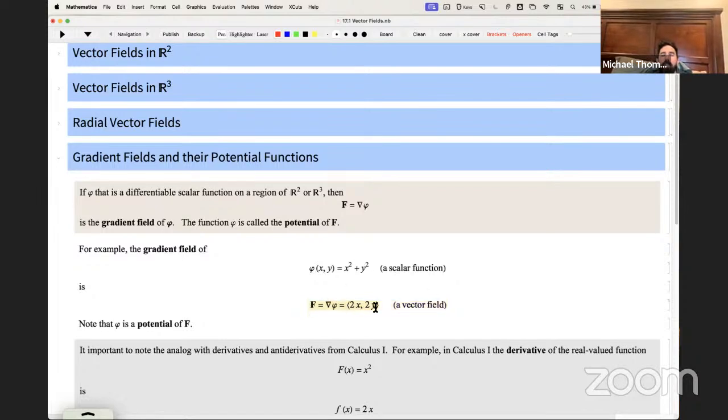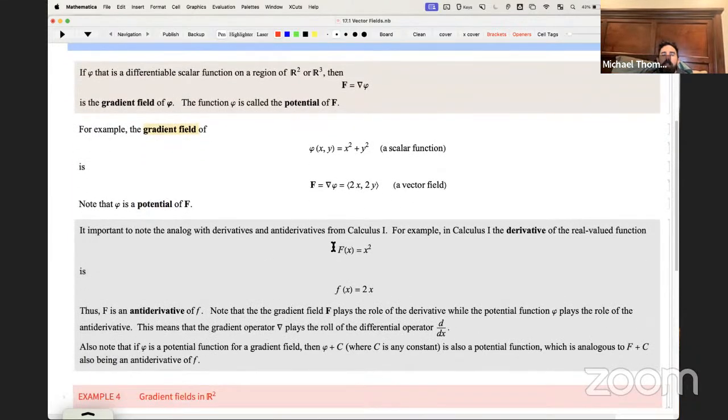If I started with a vector field, maybe there'd be a way to come up with the kind of anti-gradient field, or the reverse direction, to find the function that, when we take the gradient of it, we get big F. We call this the potential function. So this is kind of like the antiderivative, and this is kind of like the derivative.